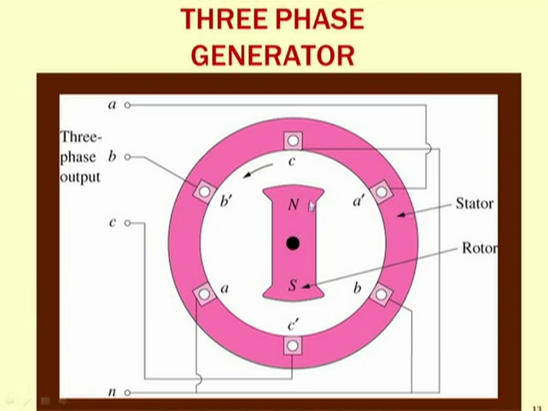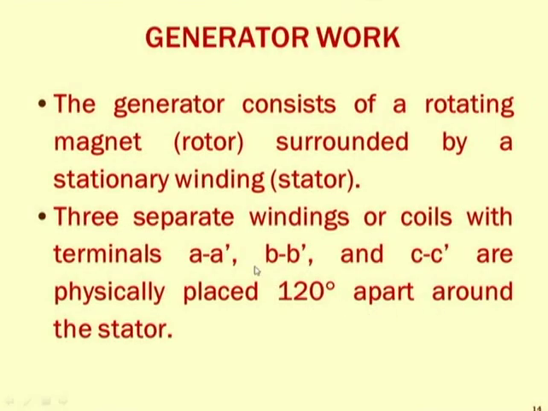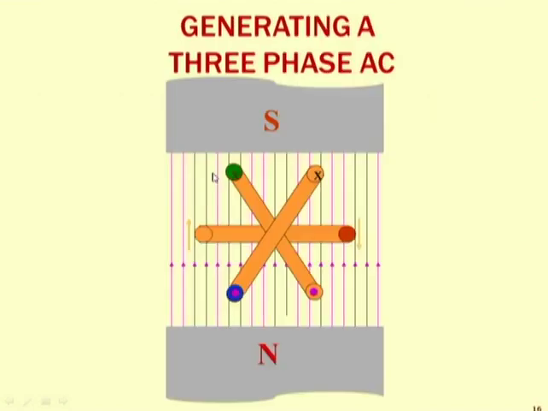Now if this rotor is rotating at some constant angular velocity, then the magnetic flux established by it will cut the conductors, and EMF will be induced in them according to Faraday's law. So now you can say that we have three windings AA', BB', CC', all 120 degrees apart, and the rotating part is the permanent magnet with N and S poles.